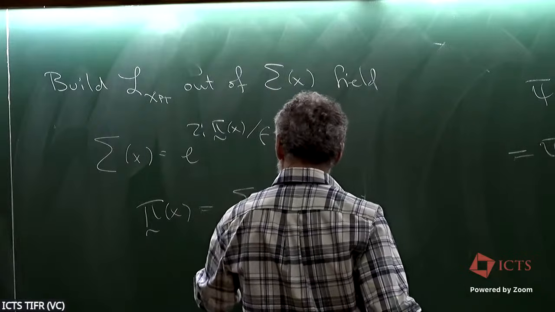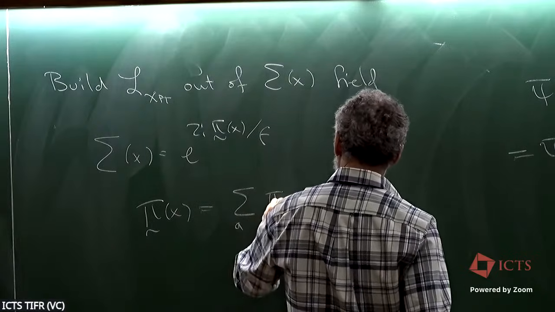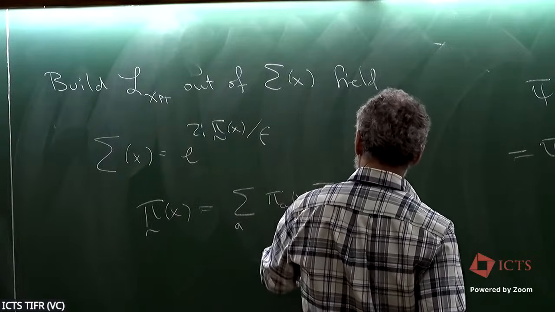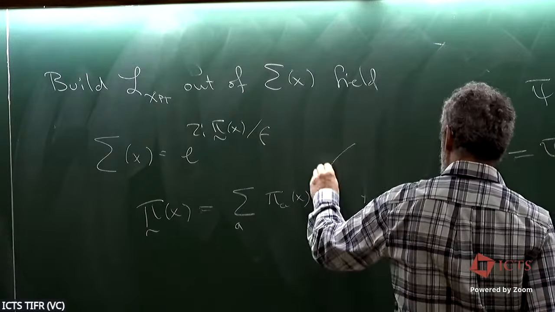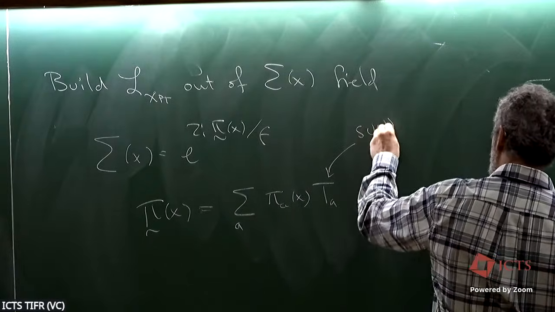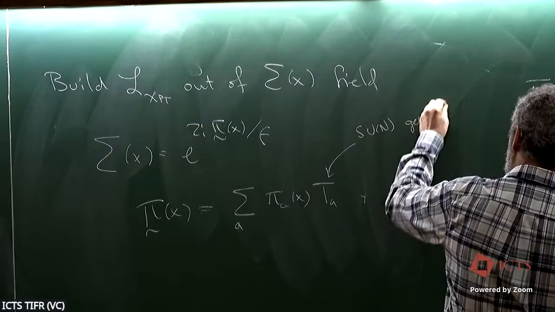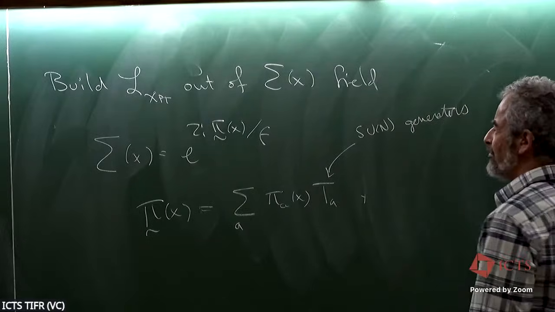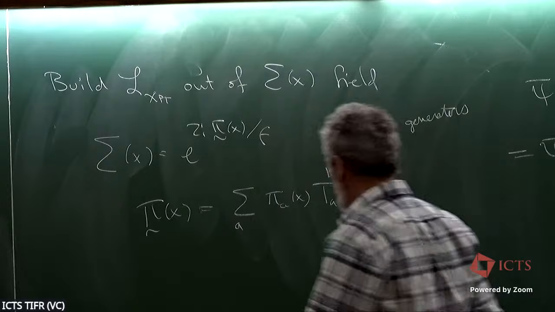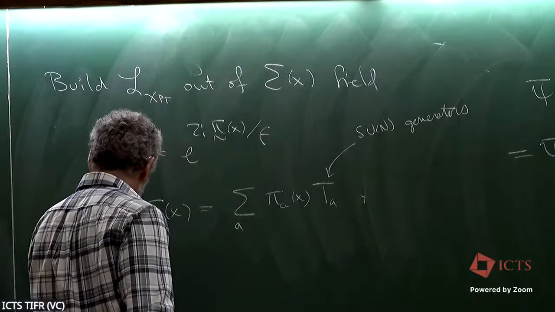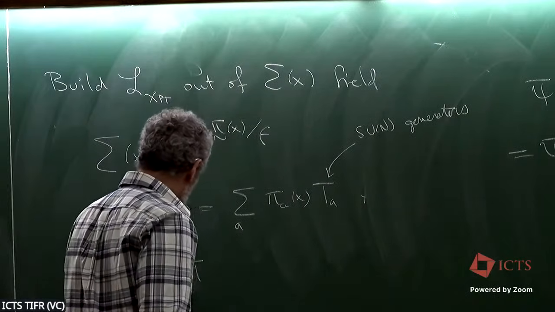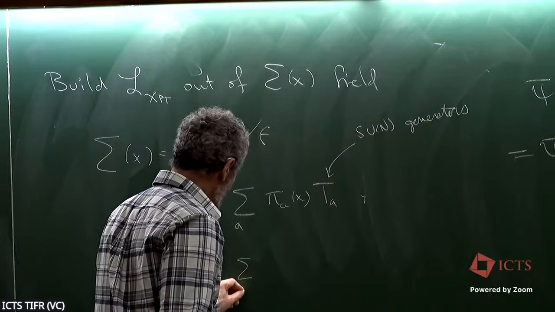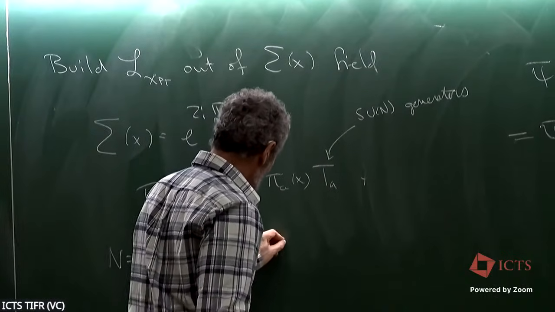It's a sum on A of pi A of x times the generators T A. So for n equals 2, pi is equal to the sum of the Pauli matrices over 2.